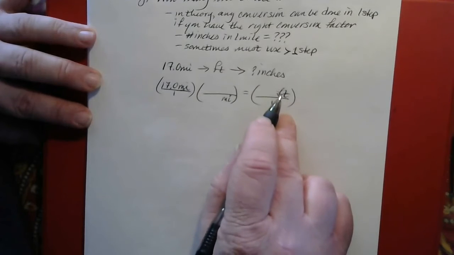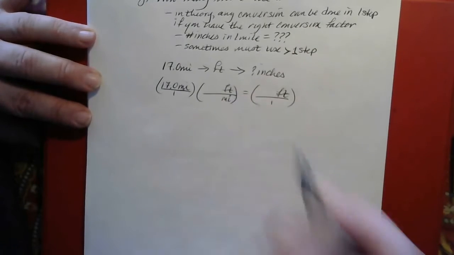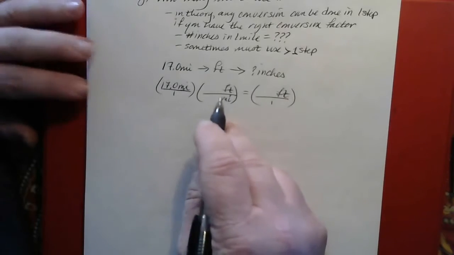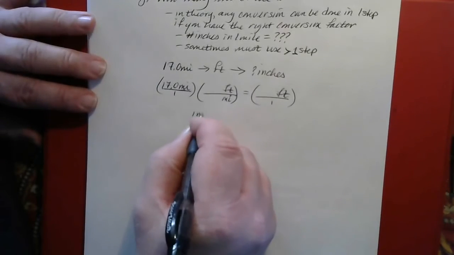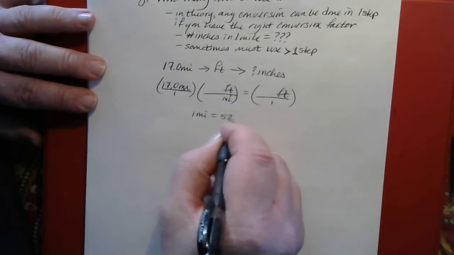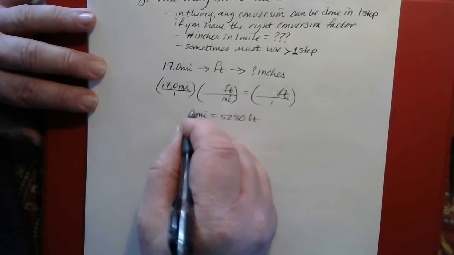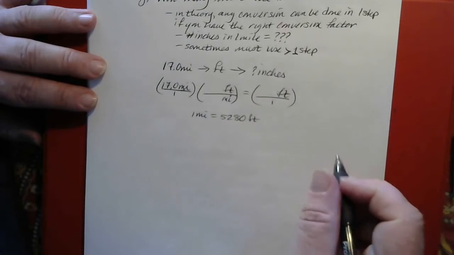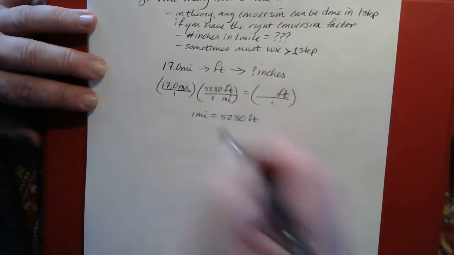And if you want to end up with feet in the numerator of the answer, then you want feet in the numerator of the conversion factor. If you look it up, or if you know it, 1 mile is 5,280 feet. So that means 5,280 over 1.